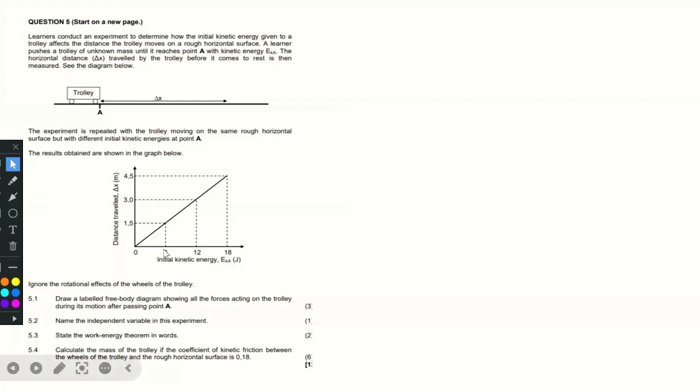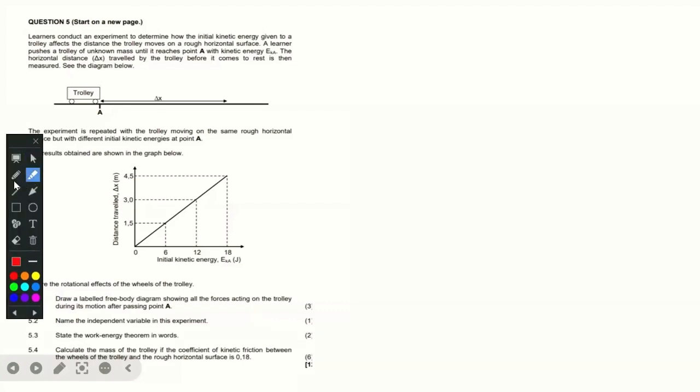5.1 says draw a labeled free body diagram showing all the forces acting on the trolley during its motion after passing point A. Okay, so for 3 marks, we must draw 3 forces.